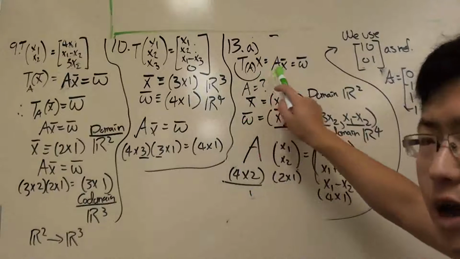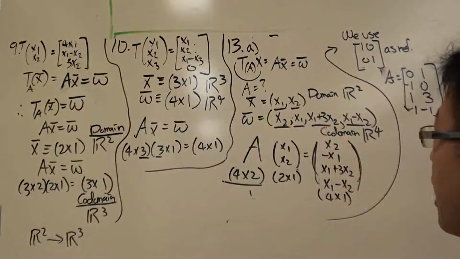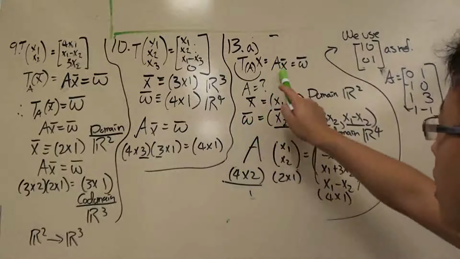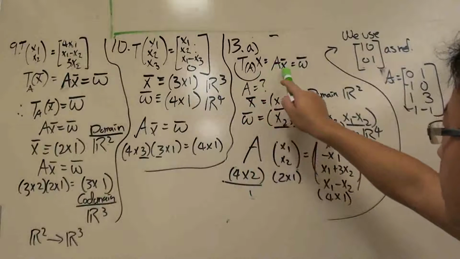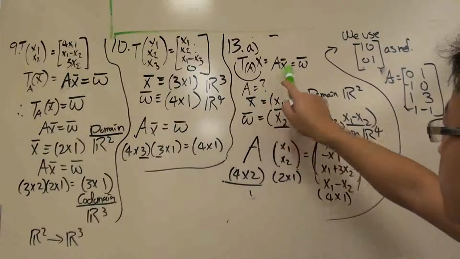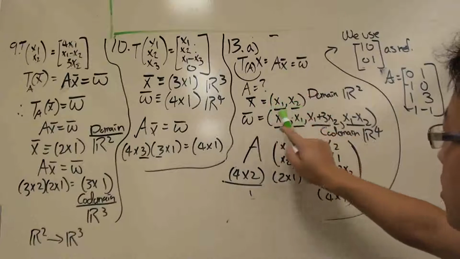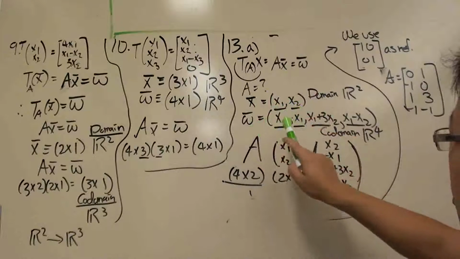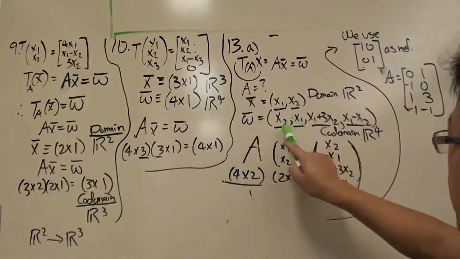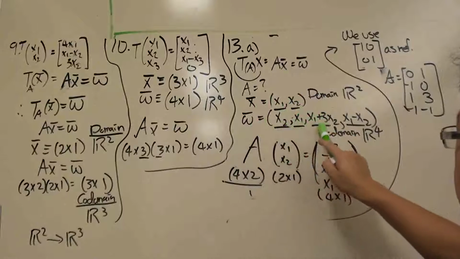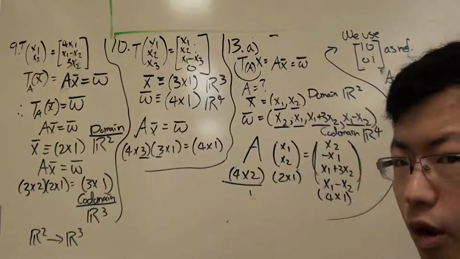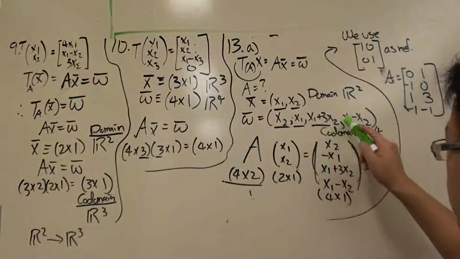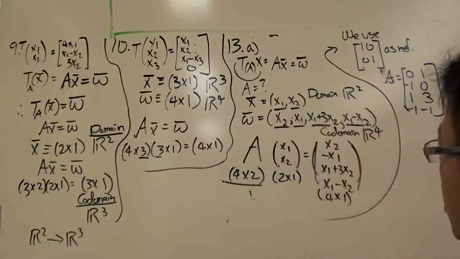So because of that, we need to find what A is, right? And what we know are the X vector and the W vector, right? So the X vector is 2 by 1, x1 and x2. W is going to be 1, so remember, count the commas, right? Be careful. 1, 2, 3, 4. So there's going to be 4, R4, so that's going to have 4 rows, and it's going to have 2 rows, right?